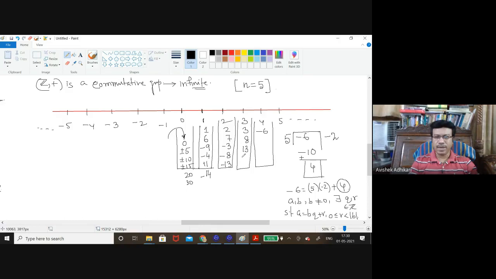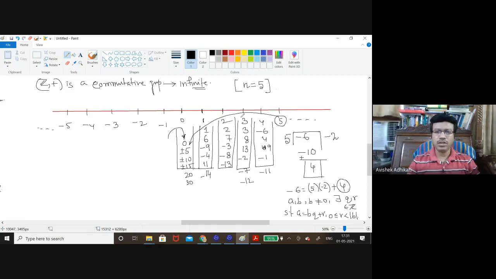And in case of minus, it should be minus 2, minus 7, minus 12, and so on. Similarly, here it would be minus 6, 4, and then 9. And in case of minus, it would be minus 1, minus 6, and then minus 11, and so on. Okay. So those are the elements. So you can understand that if it is again 5, then it will go here.